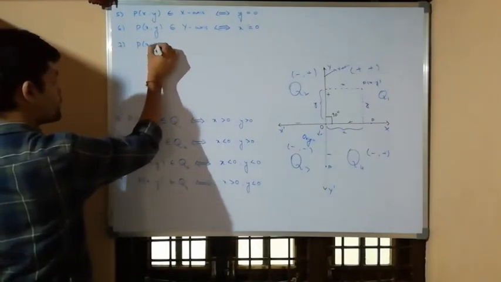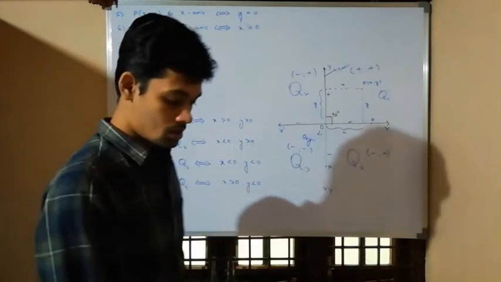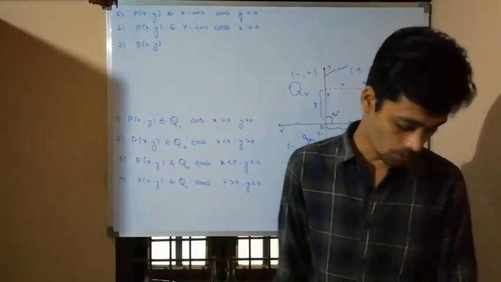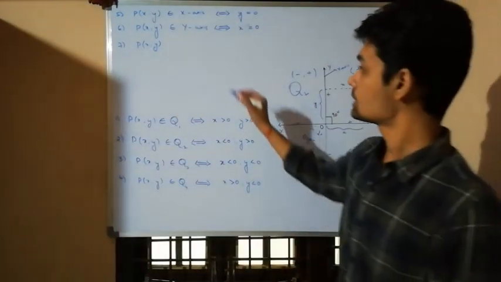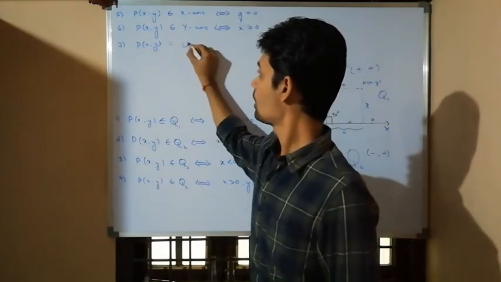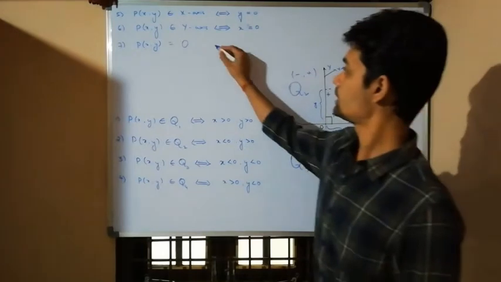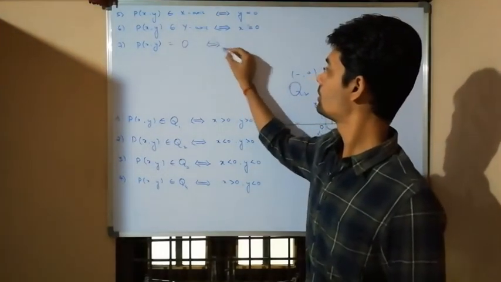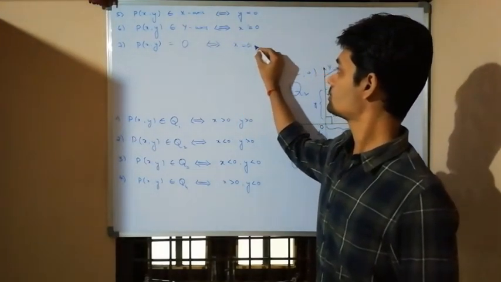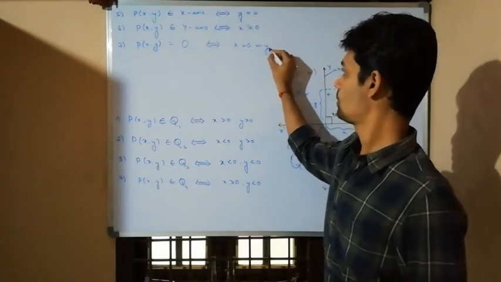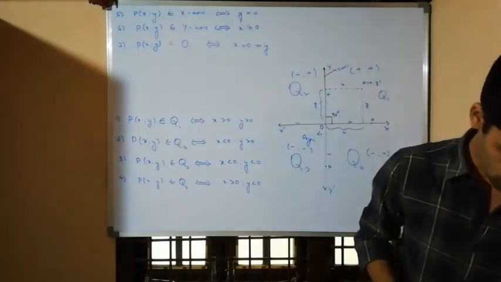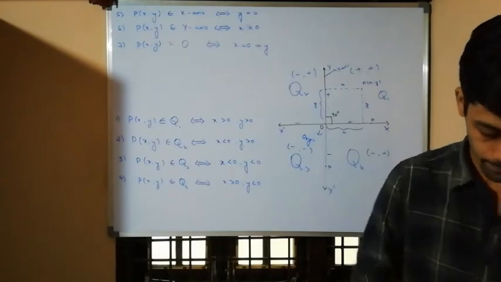P of x comma y is equal to origin if and only if x is equal to 0, which is also equal to y.